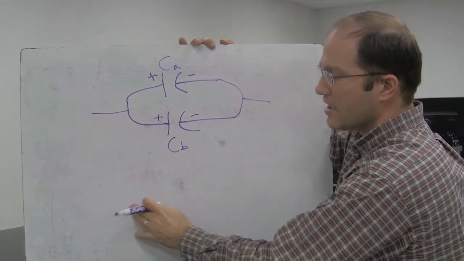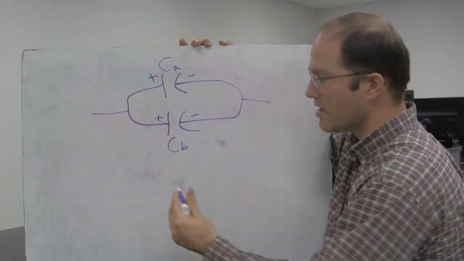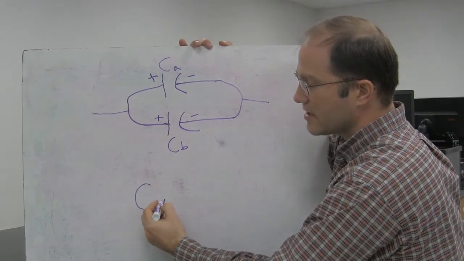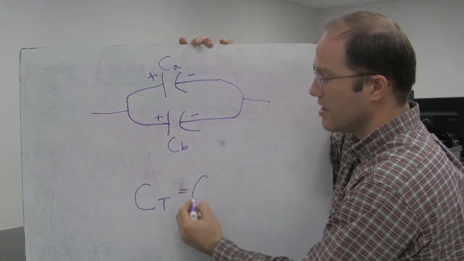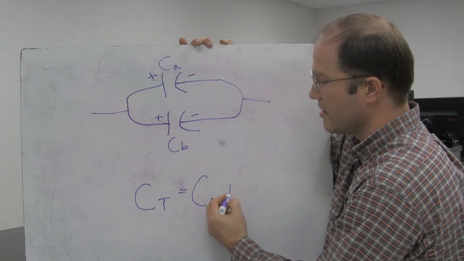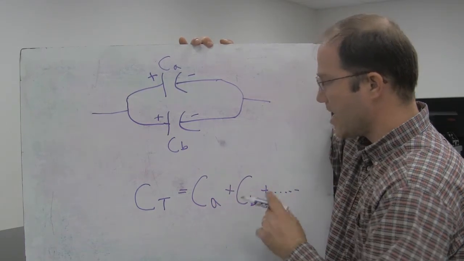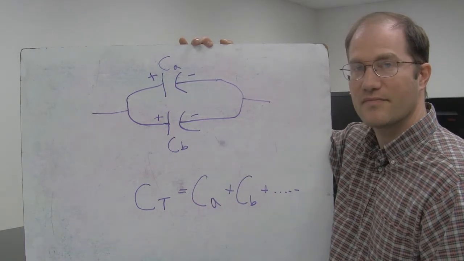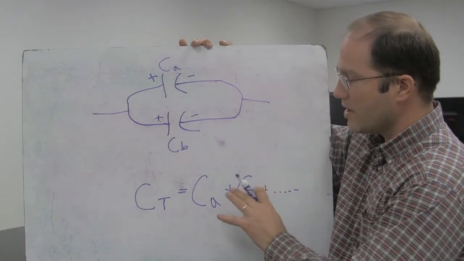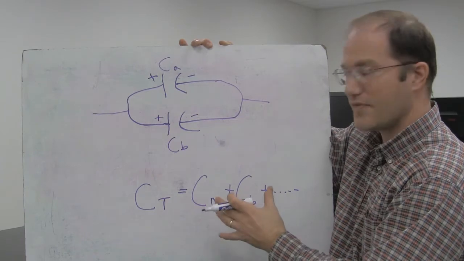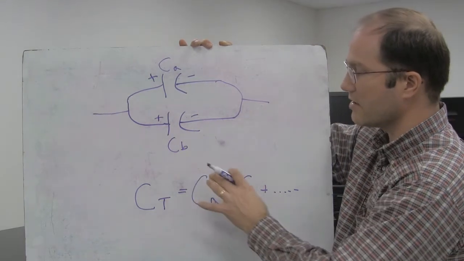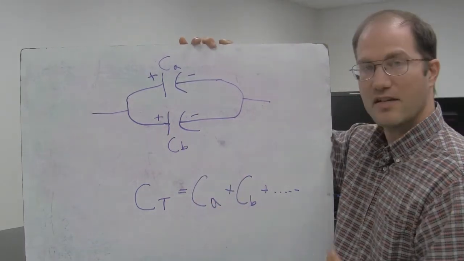And so theory predicts, and you'll talk about this theory in class, that the total capacitance is equal to the sum of CA plus CB plus any number of capacitors that come afterward. And so what you'll do is you make a prediction of what this parallel total capacitance is, and then design the circuit.